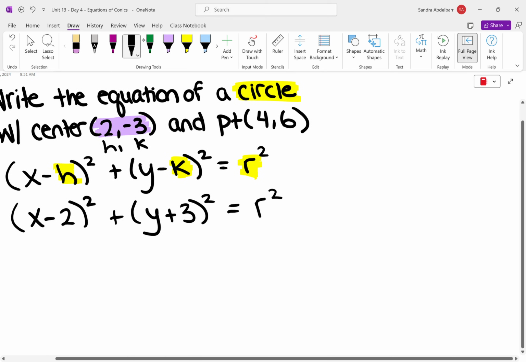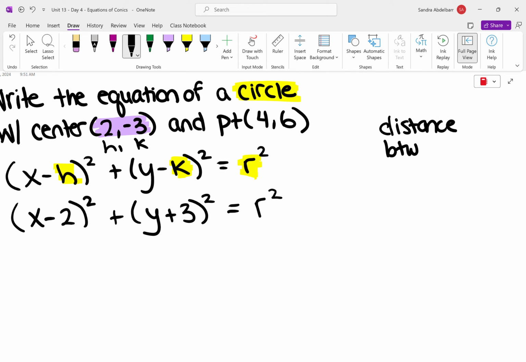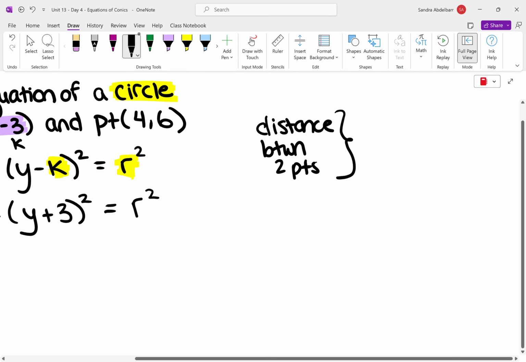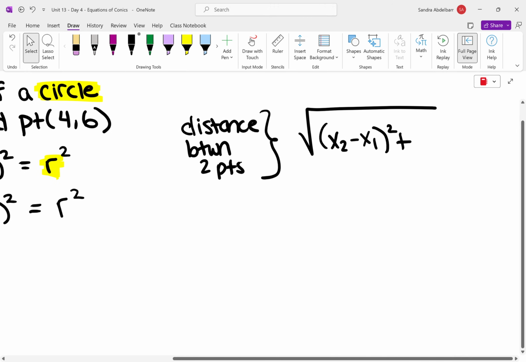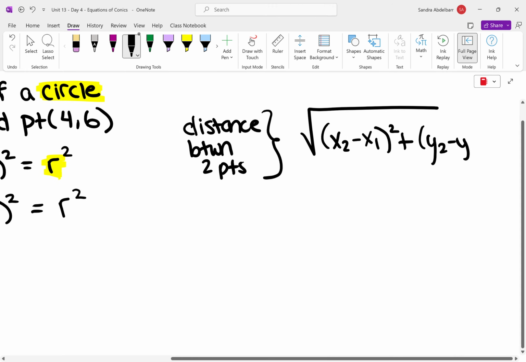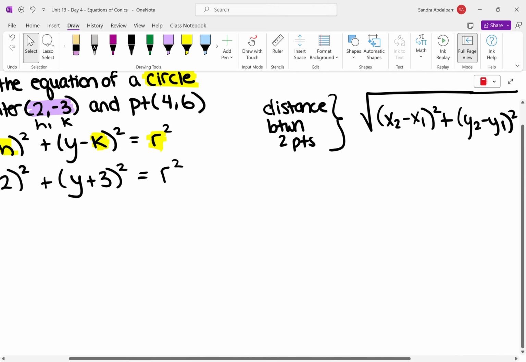Do you remember it? y2 minus y1 squared, plus x2 minus x1 squared. Close. It's x2 minus x1 squared plus y2 minus y1 squared. All right, so that's one way to find the radius.